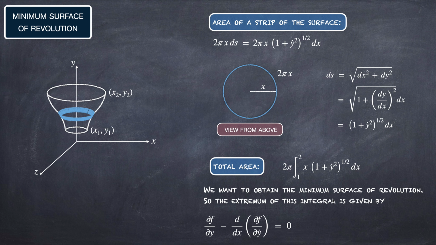We want to obtain the minimum surface of revolution. So the extremum of this surface is given by this well-known Euler equation. We are using the calculus of variations to calculate the minimum surface of revolution, where the function f in our case is given by x times the square root of 1 plus y dot squared.